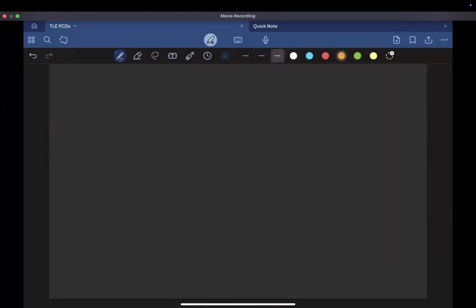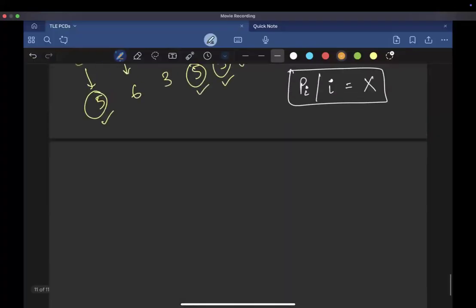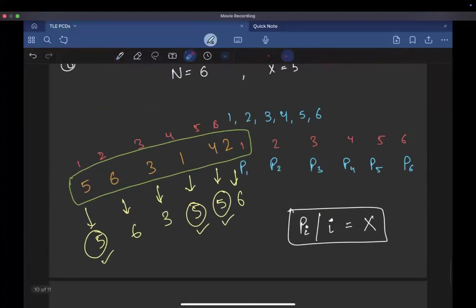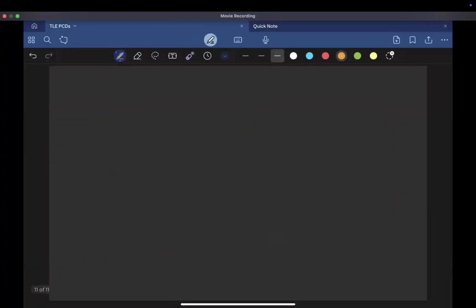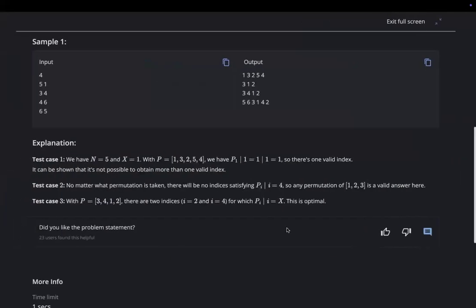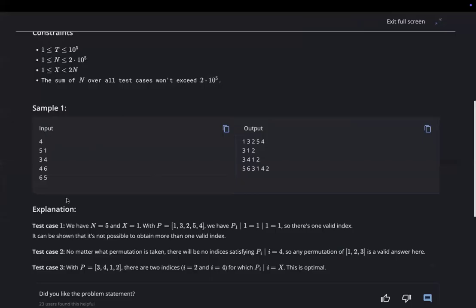The first thing I did is I knew one thing. Since I can't manually think much about which element should come at which place, a good way of approaching such problems is to look at the sample test cases first. In the sample test cases, I liked these two sample tests.